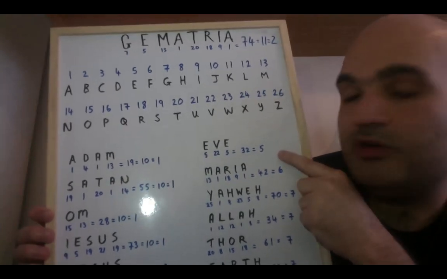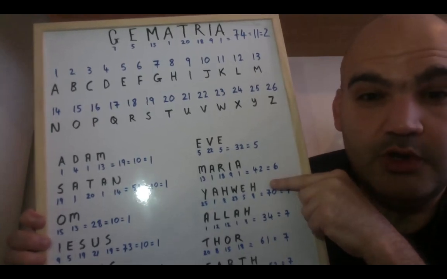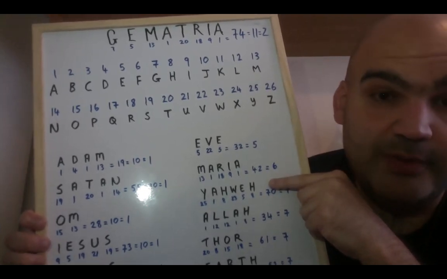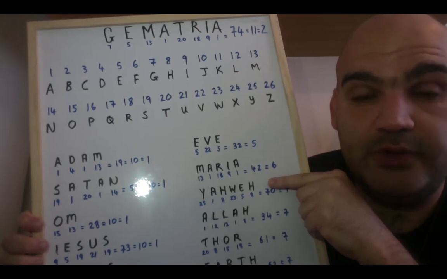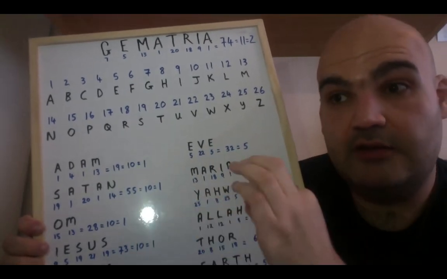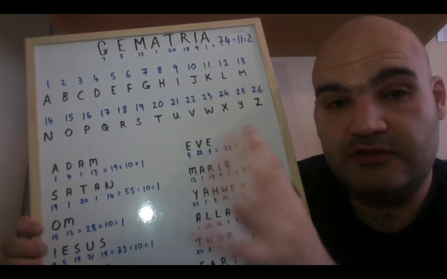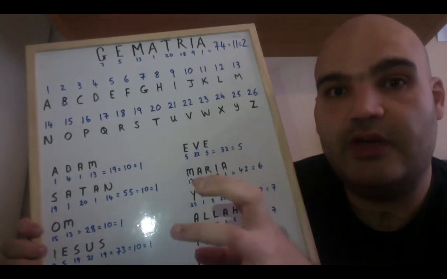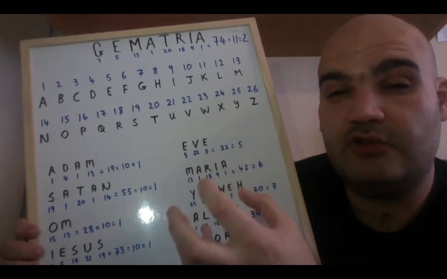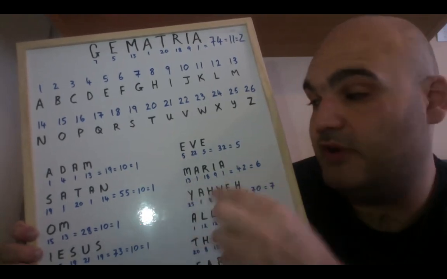Also, the word Maria comes to the number 42, which I just showed you about the magic cube and 42. And obviously 4 and 2 equals 6. And we know that in the Platonic solids, you need 6 squares to create the Platonic solid of the cube, which relates to the earth element out of the 4 elements.